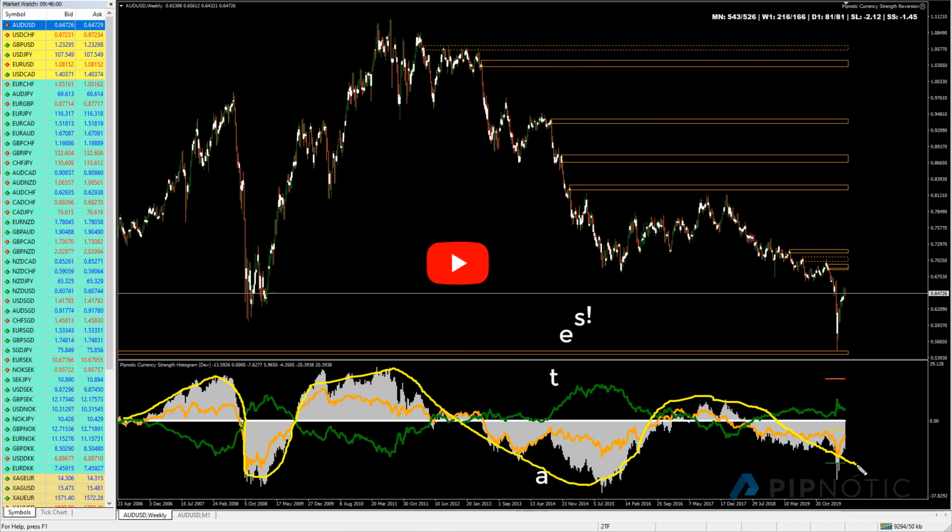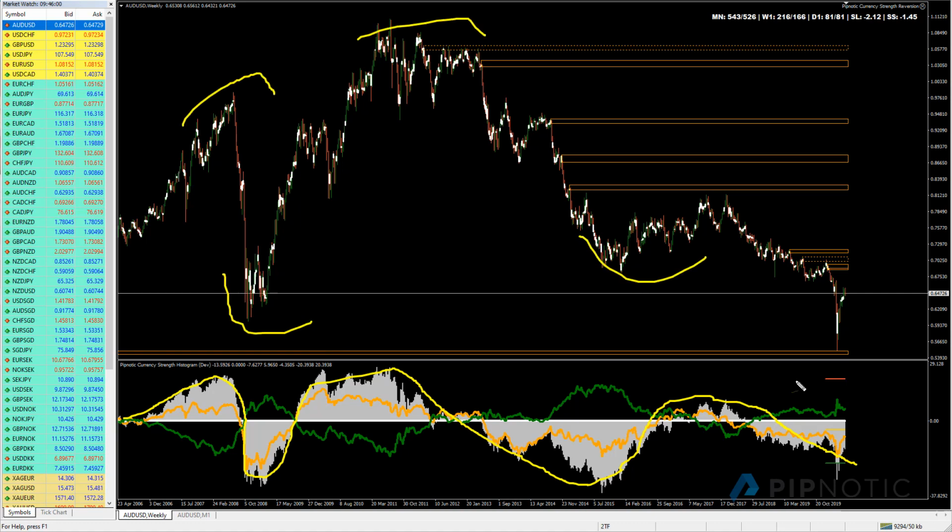And so we can expect, based on what we've seen historically, that price forms some kind of bottom or a top at these swing points here. And now we're down here, so we can expect with a high degree of probability that price is going to move higher from here. Will this happen? We don't know. Nothing is certain.